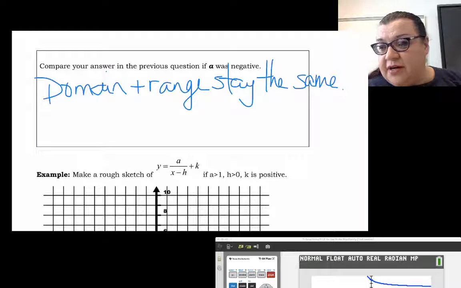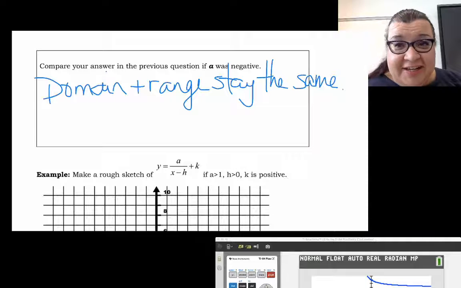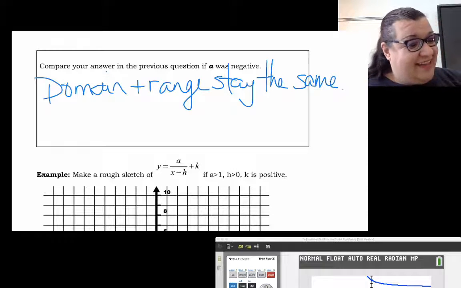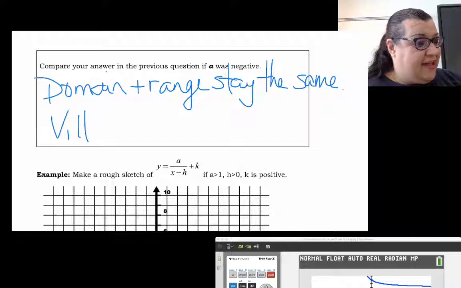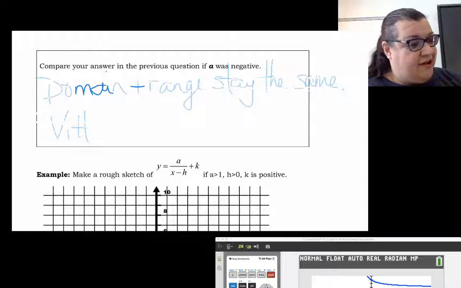However, actually nothing's going to change. Sorry, all of them are going to stay the same. So domain, range, and vertical and horizontal asymptotes will all stay the same.